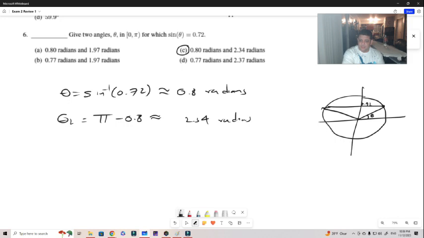So I have theta 1, which is this angle over here, and the second angle, theta 2, is this angle over here. But finding this angle right away is very complicated. So what we do is we take the entire pi and subtract this little angle, which is theta 1, and that gives us theta 2. And so that's where we get our second angle.